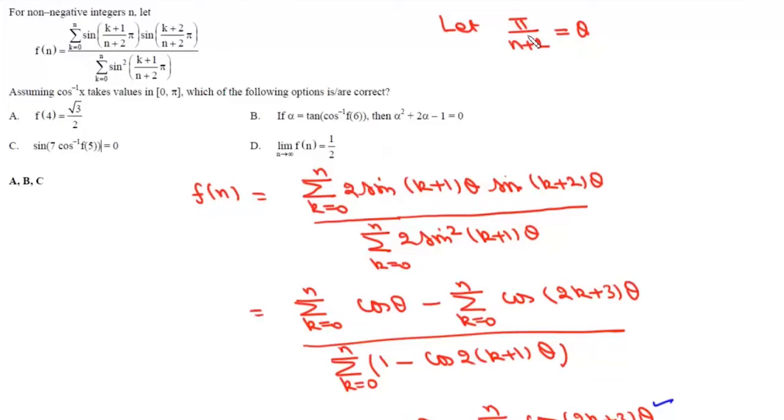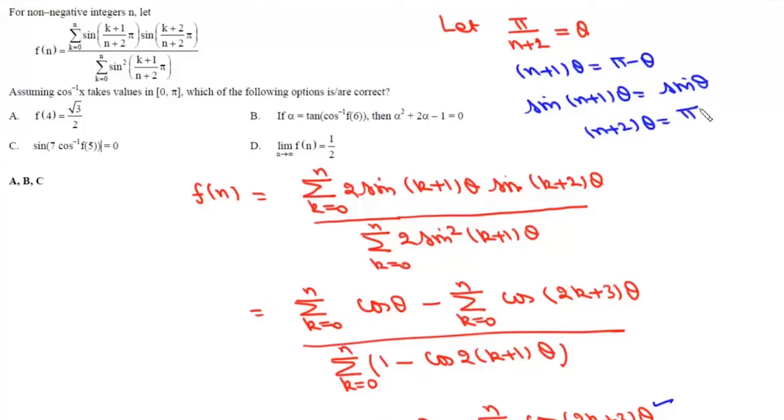Now we have taken pi upon n plus 2 as theta, so we can write (n plus 1)theta as pi minus theta. So sine(n plus 1)theta will be sine theta and (n plus 2)theta will be simply pi.